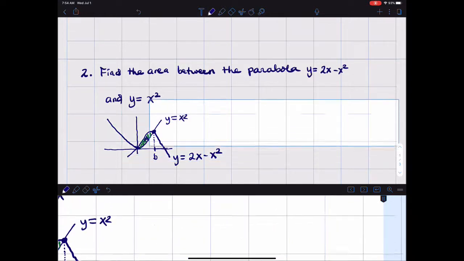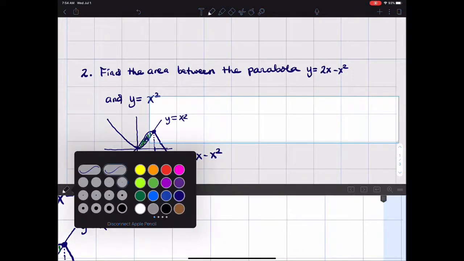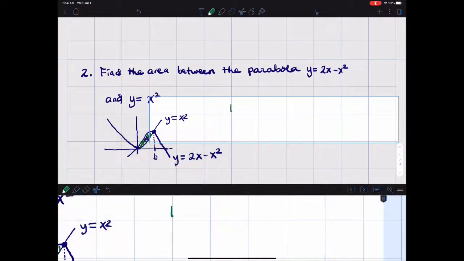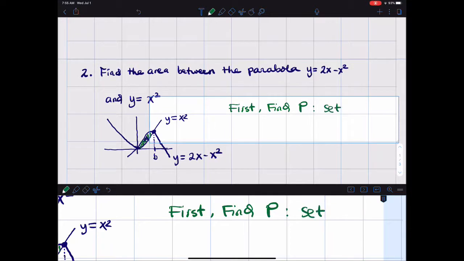So the first thing you have to do, I'll write this out in green. First, find P. And how do you find P? You find P by setting the two functions equal to each other.